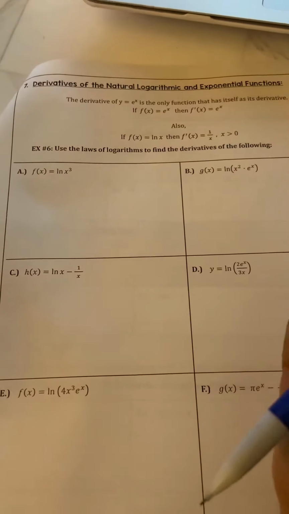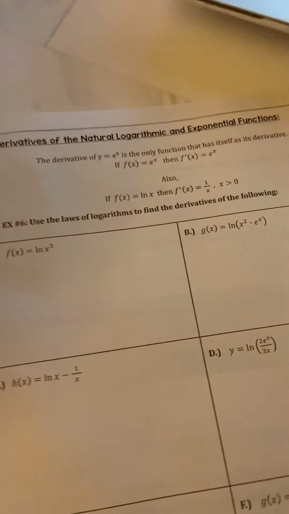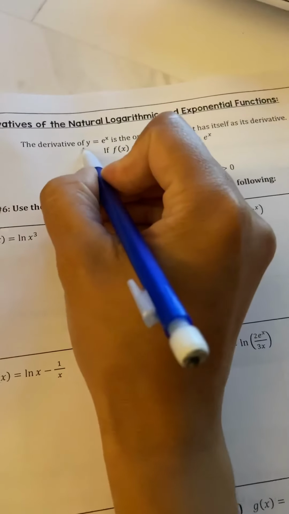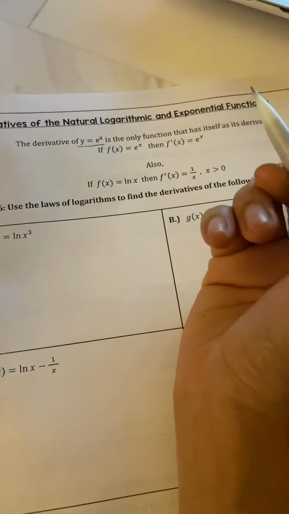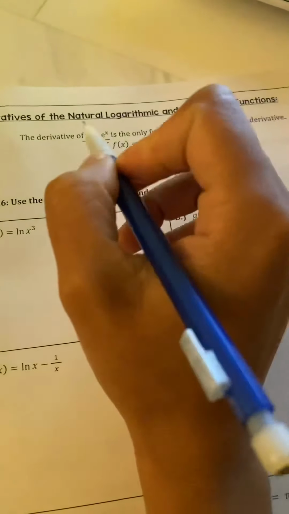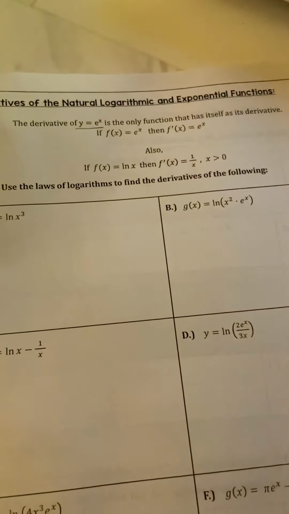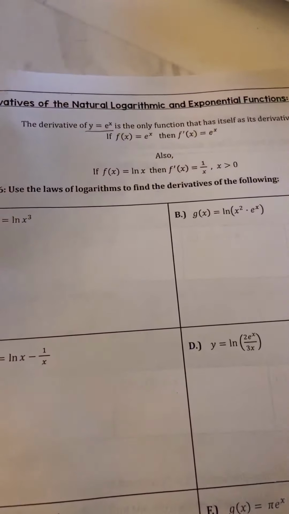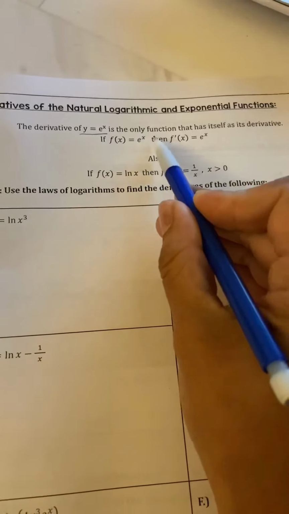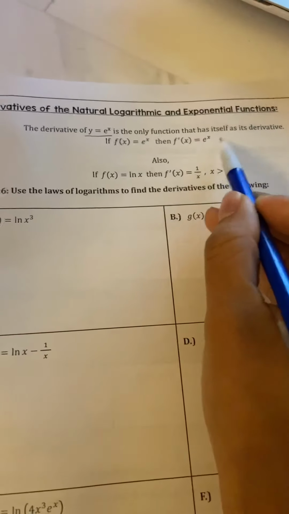They're relatively easy. The only thing I'm going to say is that this function, e to the x, is the only function in the world that will have itself as the derivative, and we'll talk about why tomorrow during class. In other words, if f of x equals e to the x, then f prime of x is also e to the x.